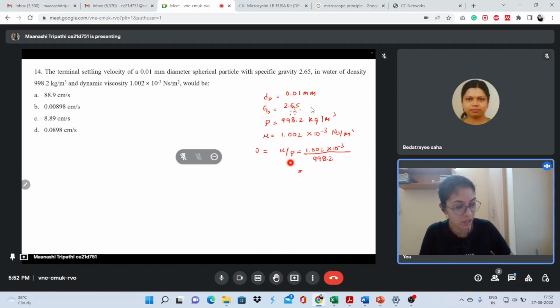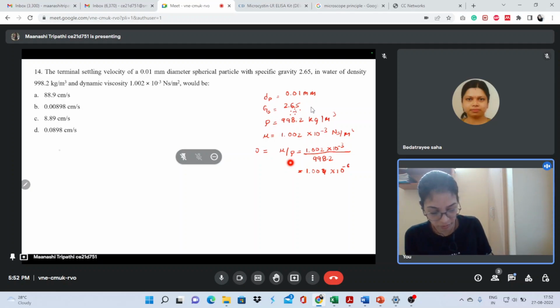What will we get? We are getting 1.004 into 10 raised to power minus 6. This is what we are getting, kinematic viscosity.